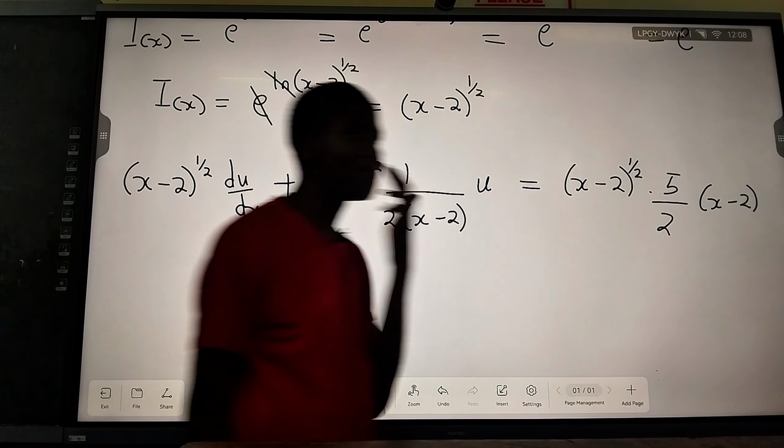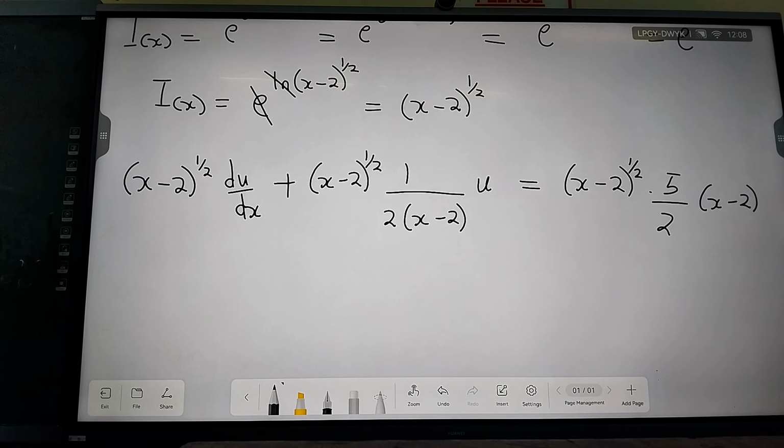The idea is the same, it's just that there's a lot of variables and a lot of mathematics to be done.